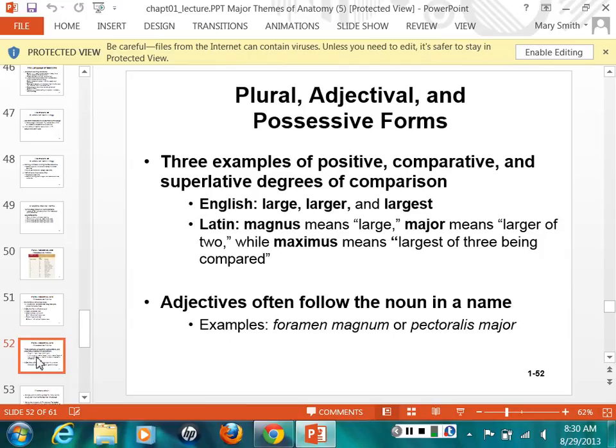There are examples of positive, comparative, and superlative degrees of comparison. You have large, larger, largest. The Latin name that you're going to see when we get to the muscles will be magnus, which means large, major, larger of the two, maximus, largest of three being compared. Your gluteus maximus. Okay? That's the largest butt muscle.